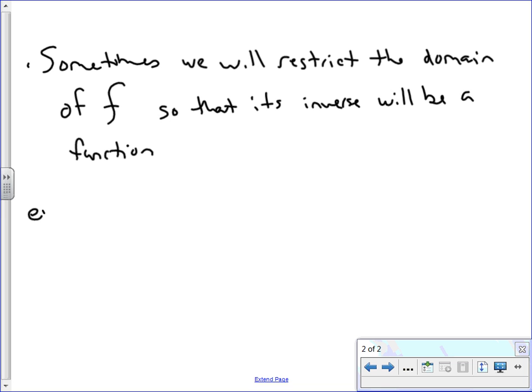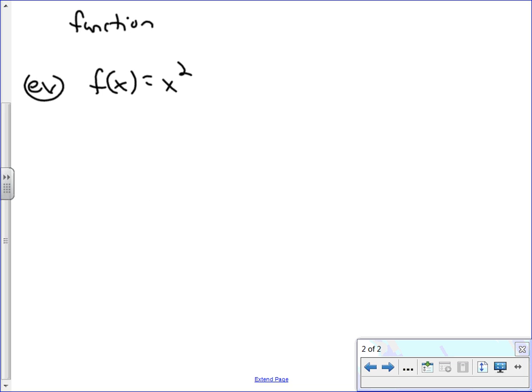So here's an example. First, the simplest one is to look at that quadratic, that parabola, f of x equals x squared. So this is what the graph looks like. It is a function, but its inverse is not a function.